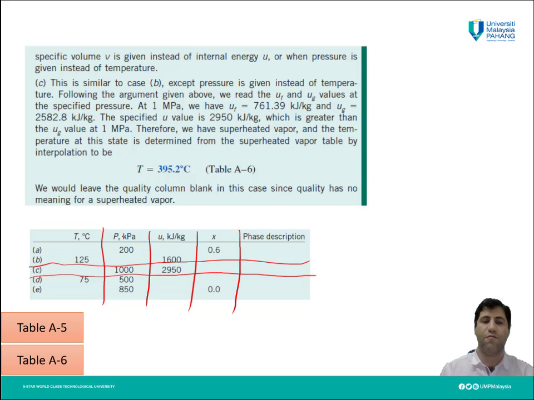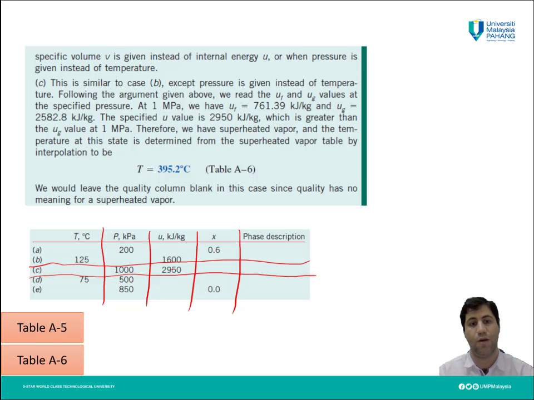In this state, we have pressure and energy. You can see it is more or less similar to part B. The only difference is in part B we had the temperature, here we have pressure. So this time instead of table A4, we need to refer to table A5 to find the UF and UG.